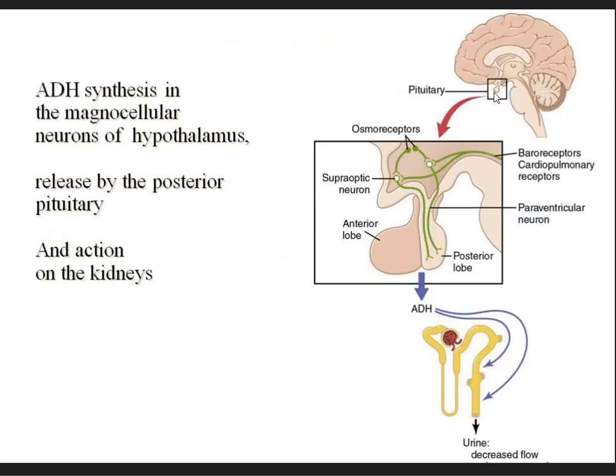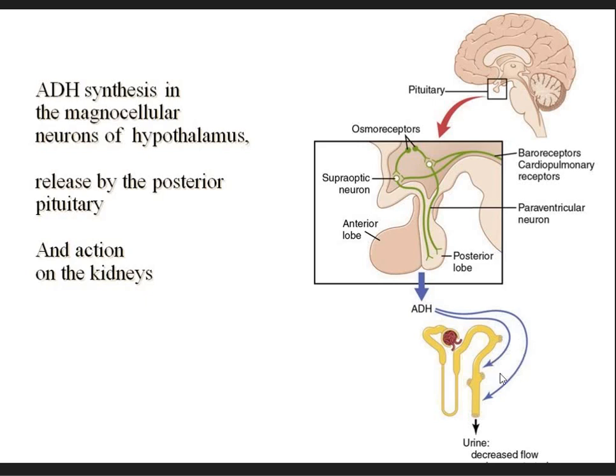You can see in this figure, ADH is synthesized in the magnocellular neurons of the hypothalamus. If you remember, supraoptic nucleus and paraventricular neurons, these are the neurons in the hypothalamus. These neurons travel to the posterior lobe of the pituitary and release ADH here in the posterior pituitary. It is released from here, goes to the kidneys and produces its effect in the collecting tubules and distal portion of the DCT also.